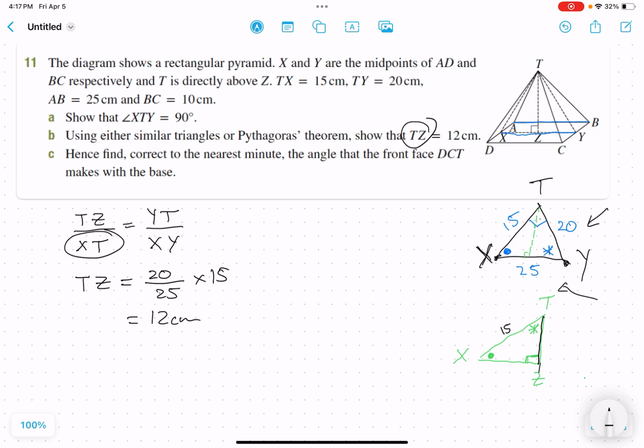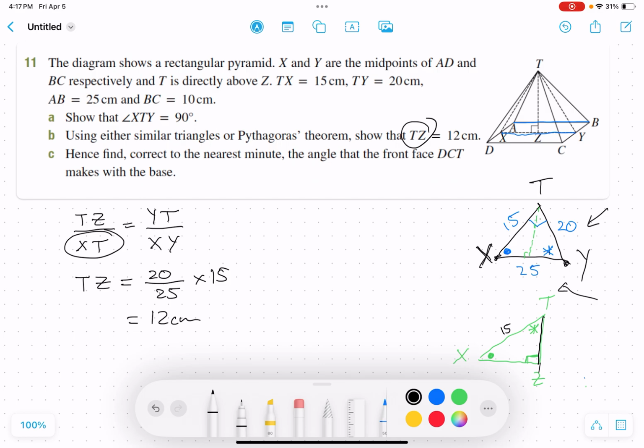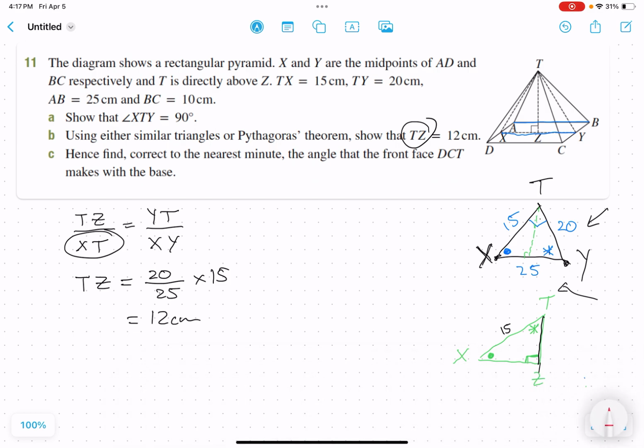Hence, it says find, correct to the nearest minute, the angle that the front face DCT makes with the base. DCT is that front slanty face. Remember this is an ABC question, so think about what you found. We've found TZ, and we want the angle the front face makes with the base. Let's put the baseline over here.